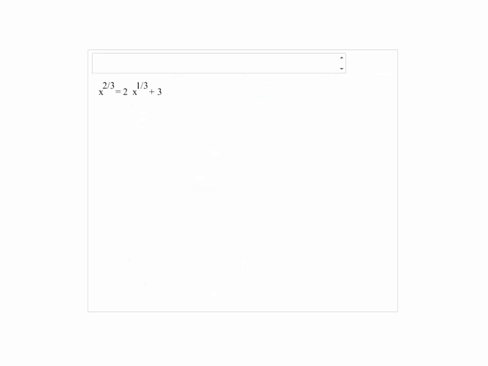Solve. X to the 2/3 equals 2 times x to the 1/3 plus 3. First, we're going to move the right-hand side terms to the left-hand side. So we have x to the 2/3 minus 2 times x to the 1/3 minus 3 equals 0.